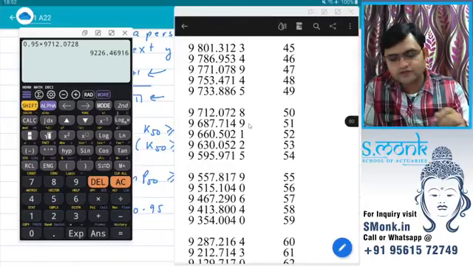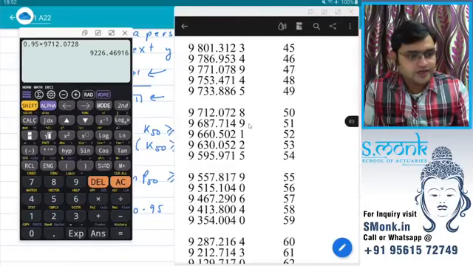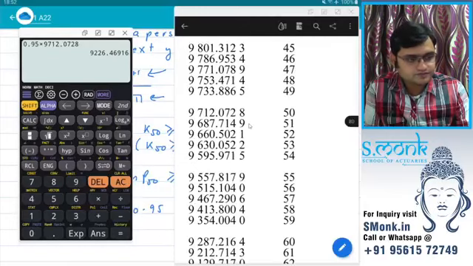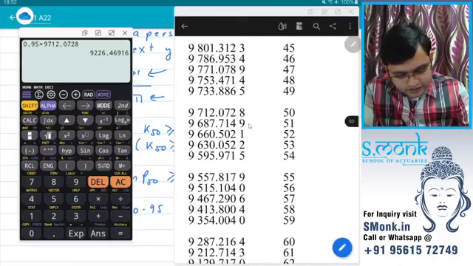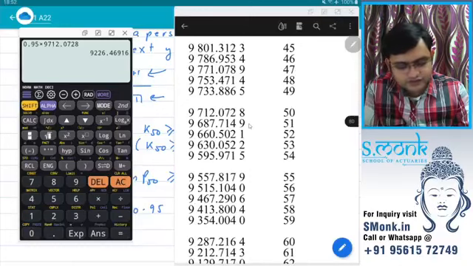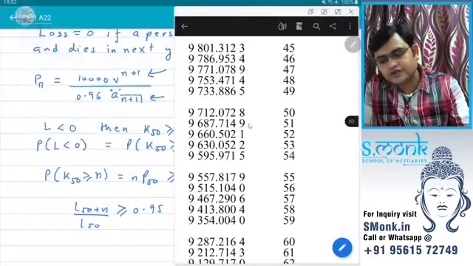So you are looking for the value of n where the L becomes greater than this particular value, 9226. When we look up our table, at 60 it is 9226 or greater, and at 61 it is less than 9226. So we are looking for just greater than, and that would be our n equal to 10 years. n is equal to 10 years.